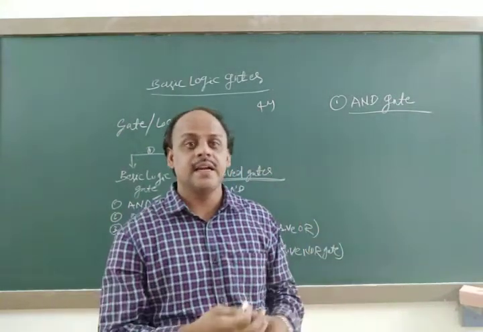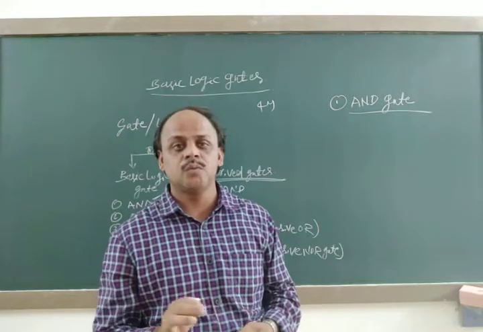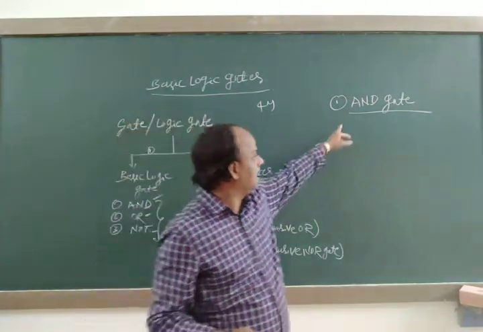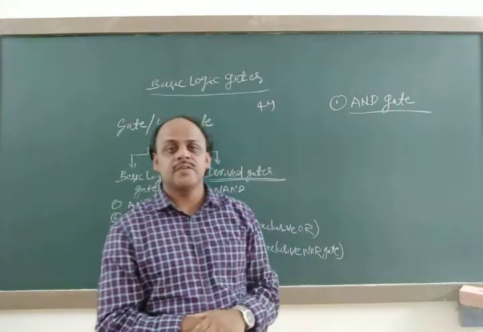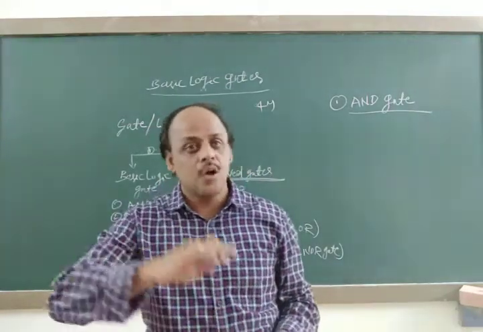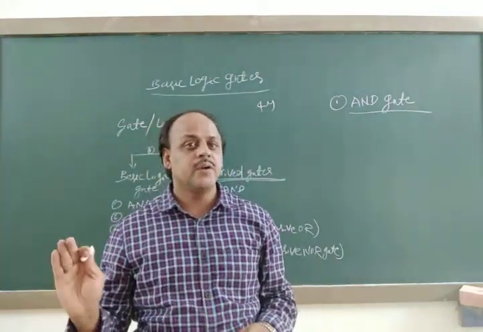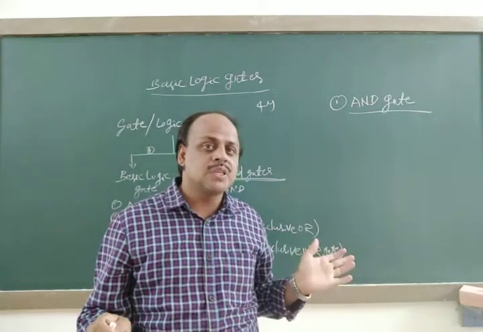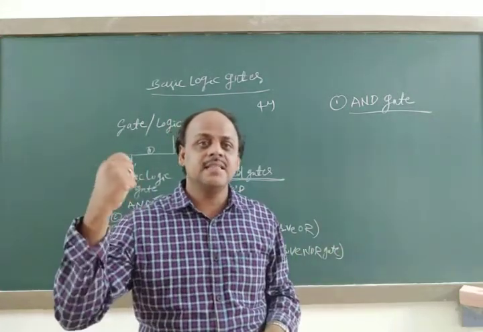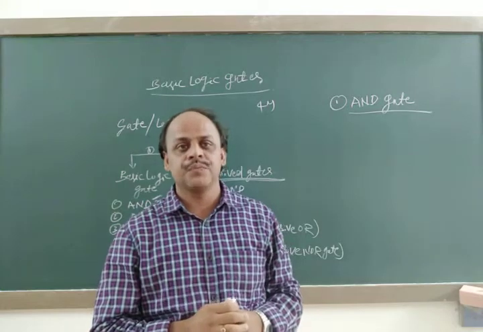In other cases, its output is low. What is a NAND gate? NAND gate is one of the gates in which output is high if and only if both the inputs are high. In other case, output is low.